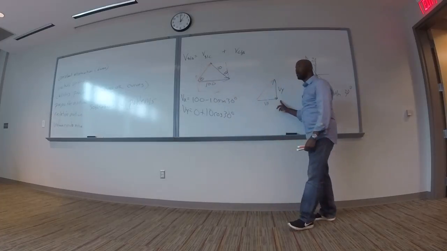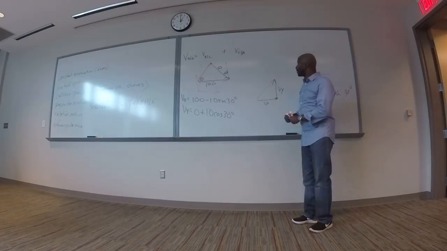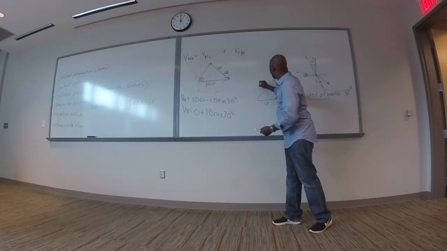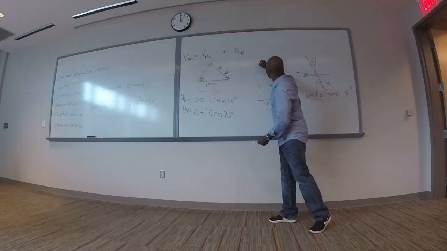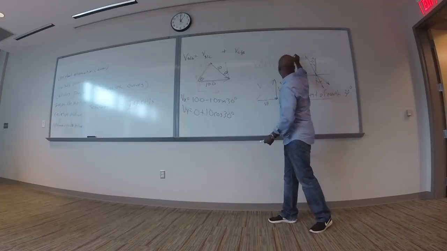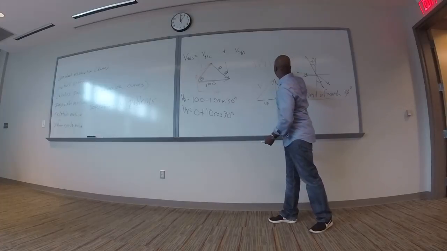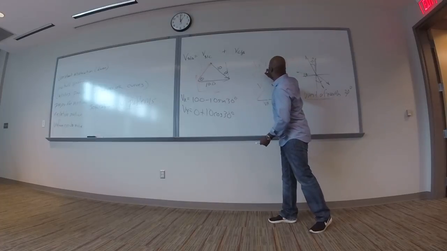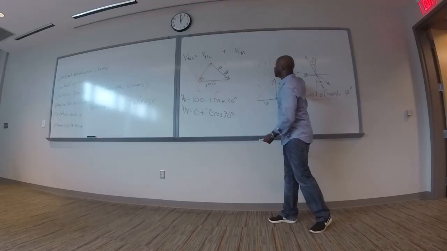All right? If we come over here, we can find this v easily, because we know that vx squared plus vy squared is going to equal v squared. So v equals the square root of vx squared plus vy squared.